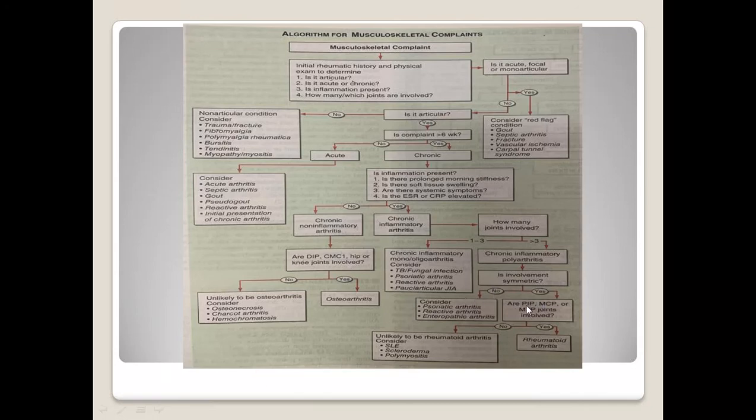If symmetric with involvement of PIP and MCP joints, then it's rheumatoid arthritis. If symmetrical but no involvement of PIP and MCP, it's SLE or scleroderma or polymyositis. If the involvement is not symmetric but with chronic inflammatory polyarthritis, then consider psoriatic arthritis, reactive arthritis, or enteropathic arthritis.